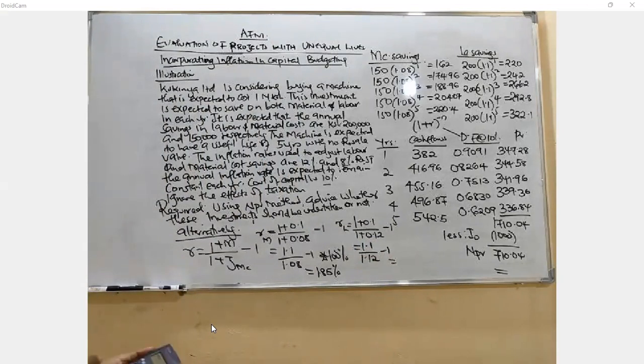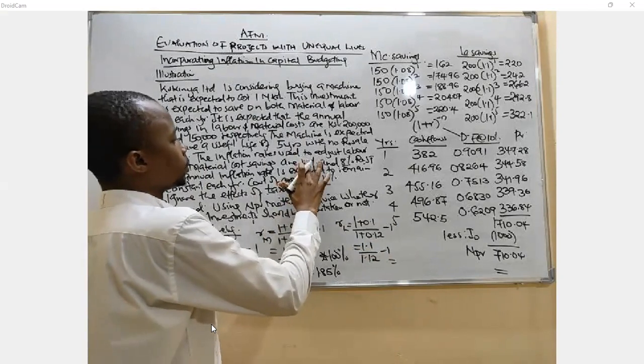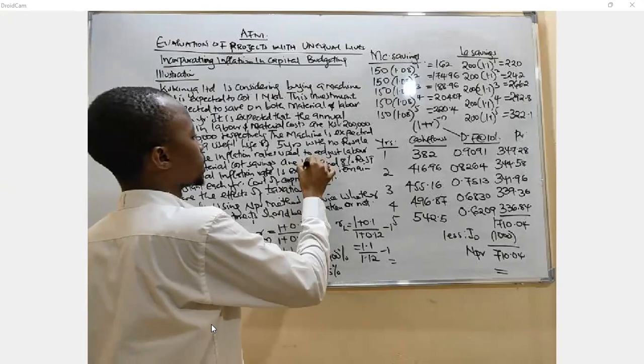How much is this? 1.1 divided by 1.12 minus 1 is negative 0.0178. Yes, negative. Let me talk about 16%.